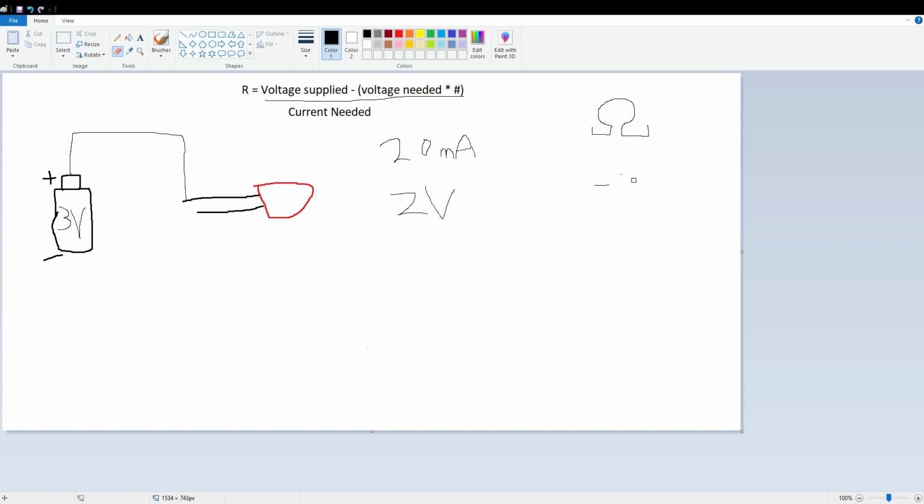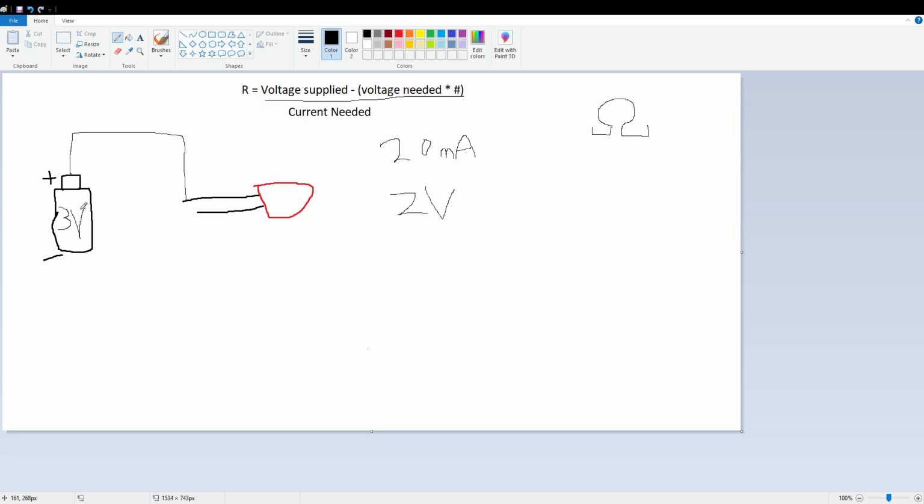So when you're making a circuit, you want to find out how much resistance you need, and then you're going to find a resistor that has that many ohms, and that's going to allow your circuit to function properly without completely destroying the LED. So that's the R, that's the resistance, but we usually want to find that because we know the other information. So I want to do this example here.